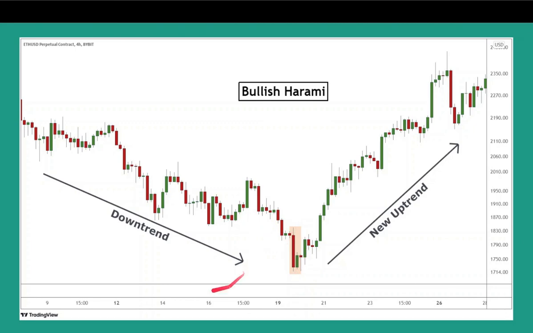Since this is a crypto chart, it's Ethereum, you can see the close of the red candle and the open of the green candle are almost at the same level, so we don't see that gap we just explained. And after this one you can see a new uptrend started and the price went up.